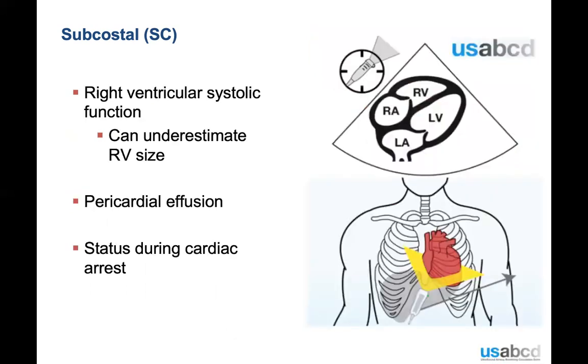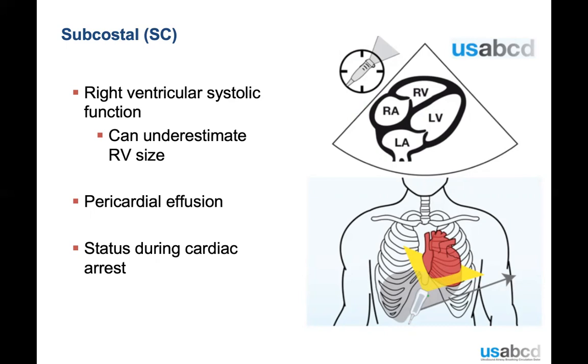What are we going to be evaluating in this view? I really like this for right ventricular systolic function. And so in the event that I can't get an apical 4-chamber, which is often the case, because an apical 4-chamber in a patient that's intubated, that's lying flat on their back, that's difficult to turn in their left lateral, can be difficult in many patients, depending on their anatomy. But if I can't get an apical 4-chamber, I often can get a good subcostal 4-chamber.